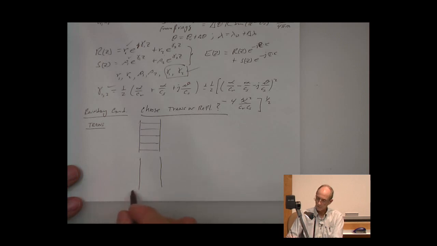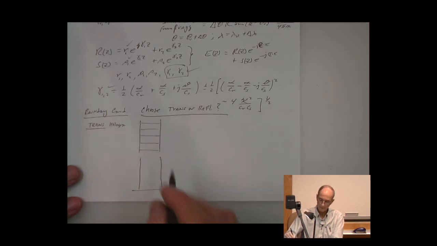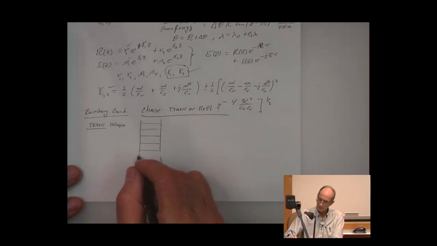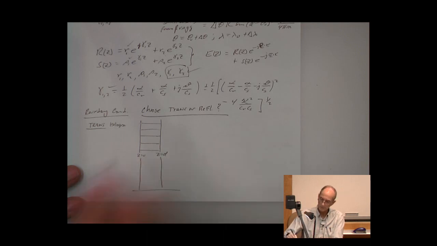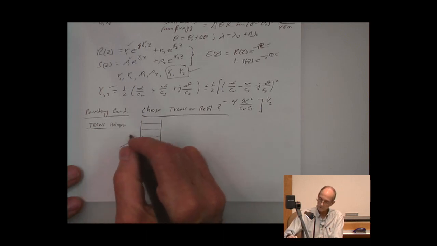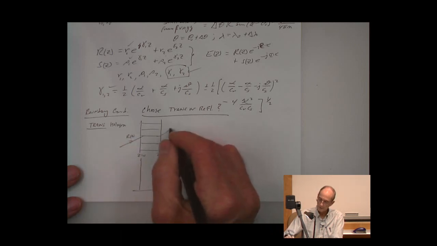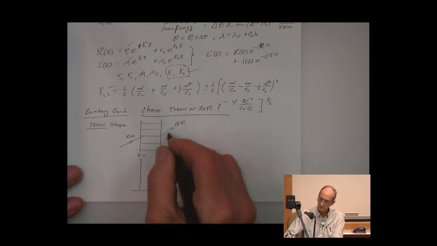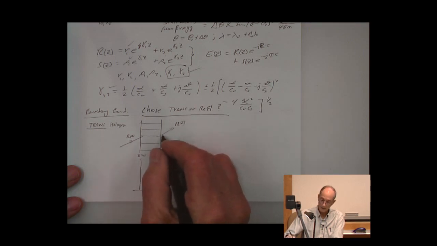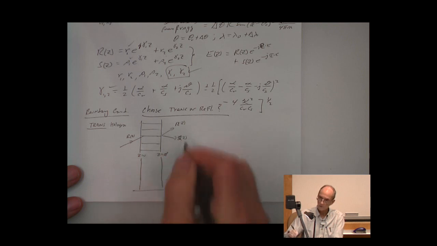Okay, so for the transmission hologram, here is z equals 0 and z equals d, and we have our reconstruction field here, R of z, and then we have possibly some R left at z equals d, and we'll also have the signal beam strength.